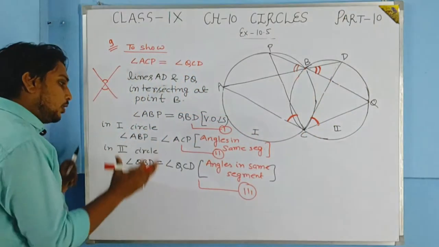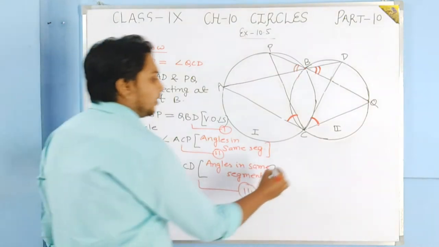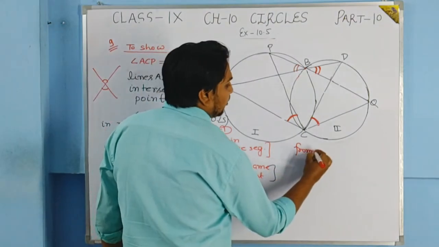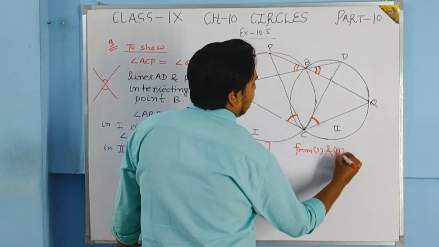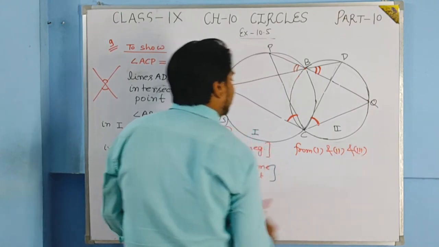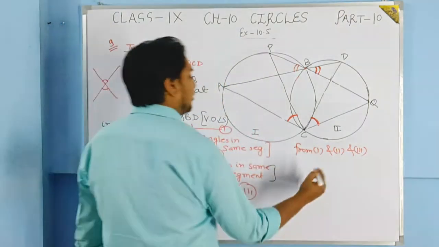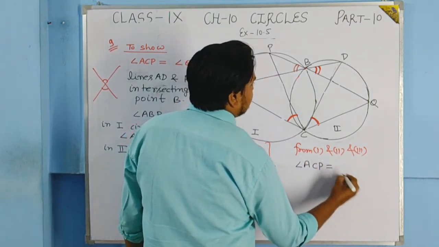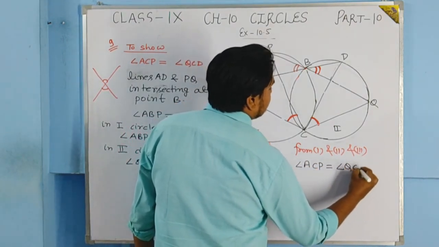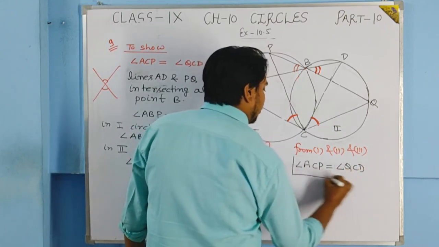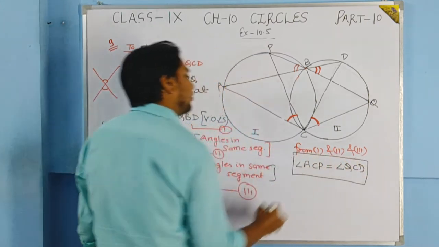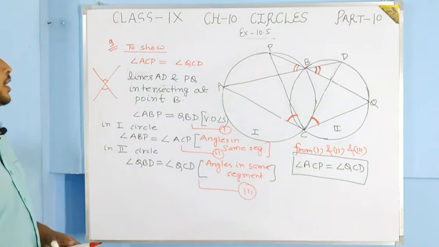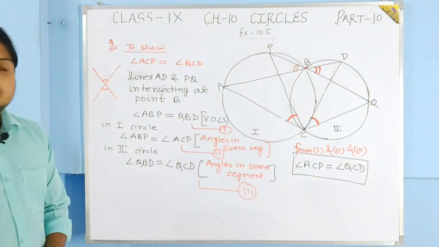If we see all three equations, we can easily say that angle ACP is equal to angle QCD. Only, students, this is the proof of this question. You have to show that angle ACP is equal to angle QCD.